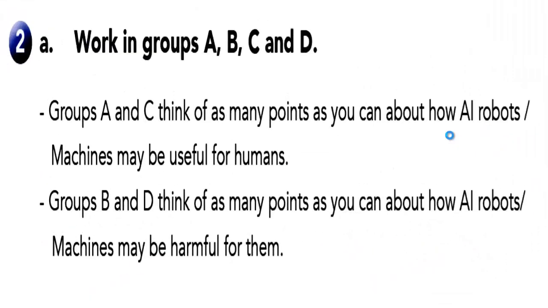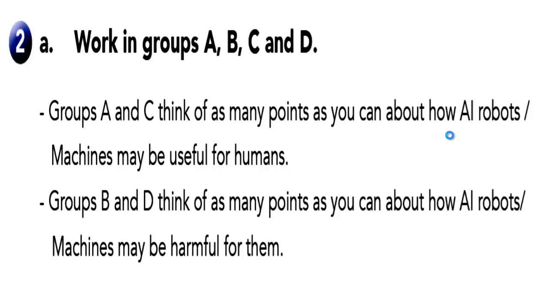Now, my dear students, exercise number 2, work in groups A, B, C, and D. Groups A and C, think of as many points as you can about how AI robots or machines may be useful for humans. So A and C will discuss the advantages of machines or robots for humans.